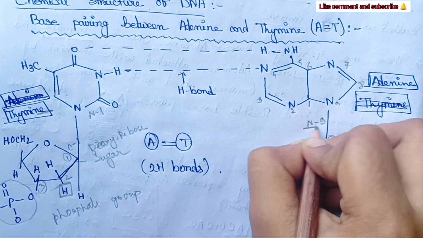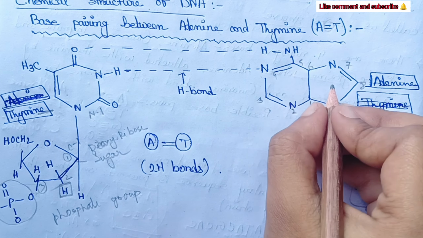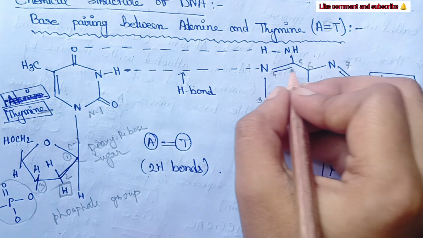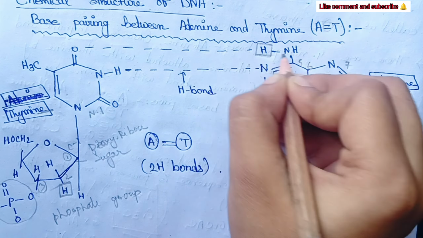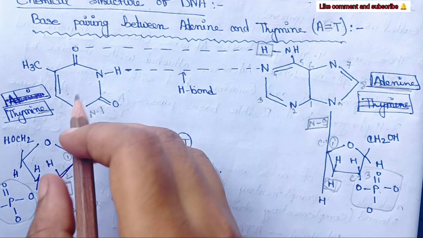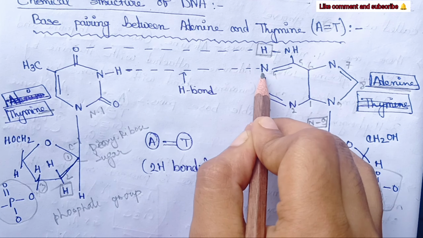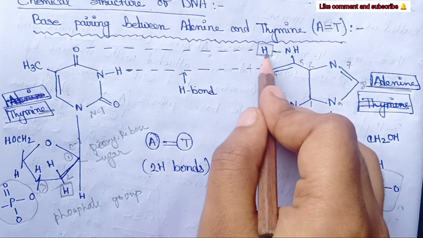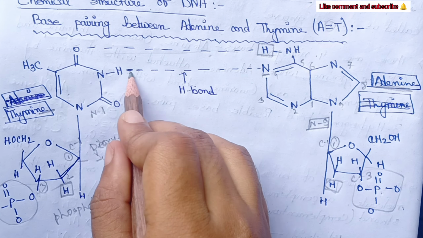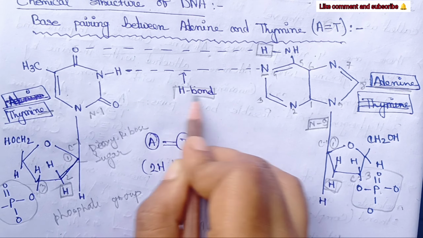So there is a free H group that bonds with O, and an NH group that bonds with this NH. So they form a double bond. This is one bond, and this is one bond. So there are two hydrogen bonds.